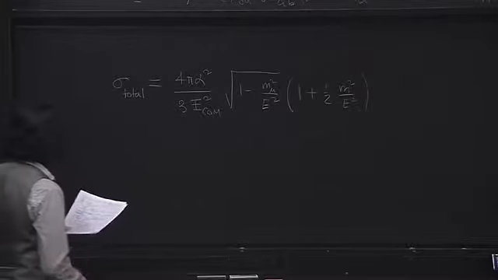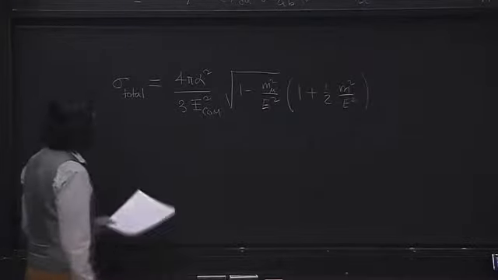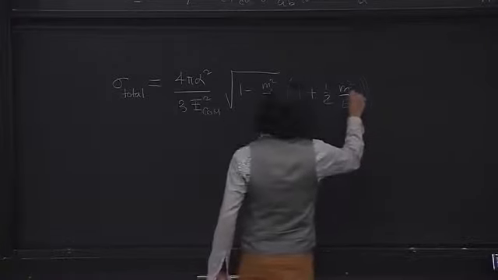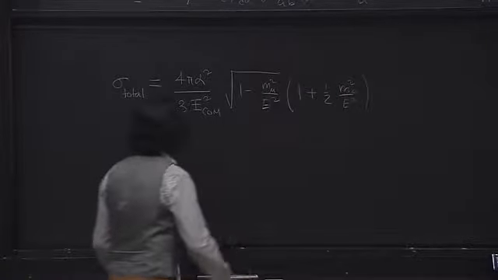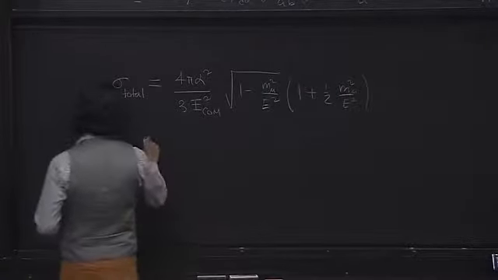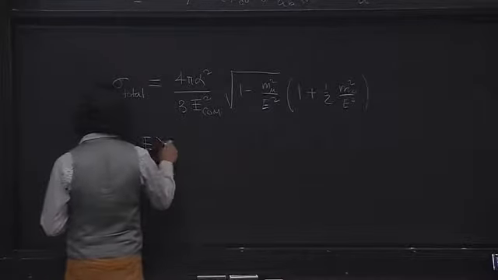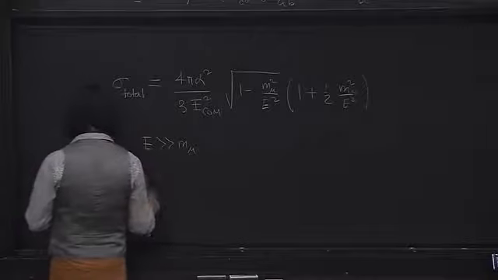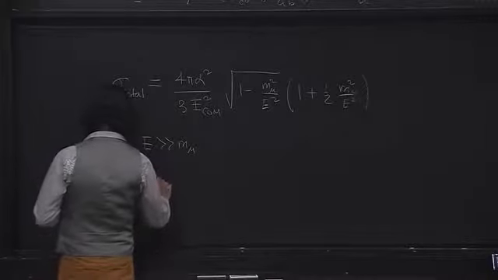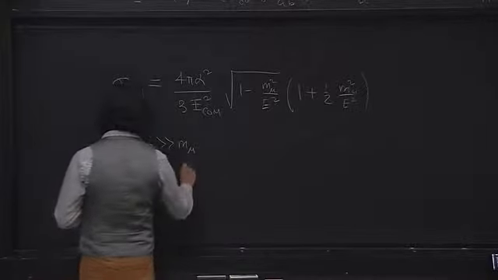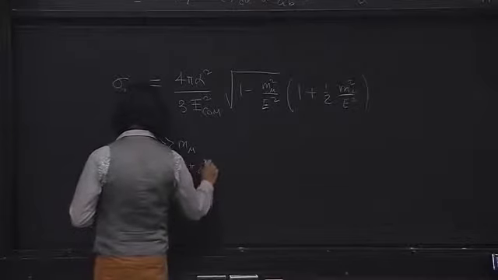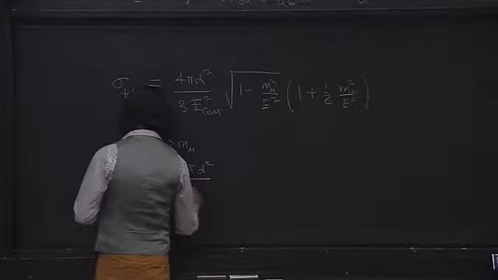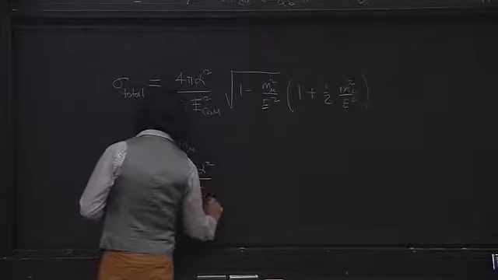In the hyperrelativistic limit, in which the energy of the particle is so large that you can ignore the muon mass, so the energy is much, much bigger than the muon mass, your total cross-section is 4 pi alpha squared over 3 in the center of mass frame.